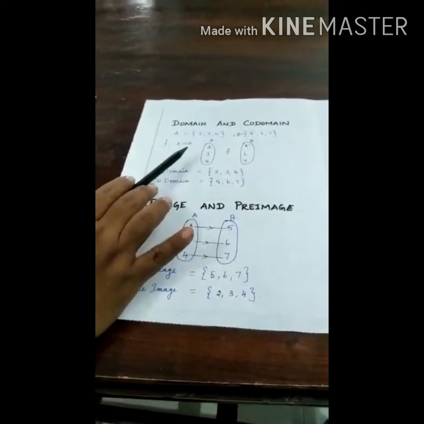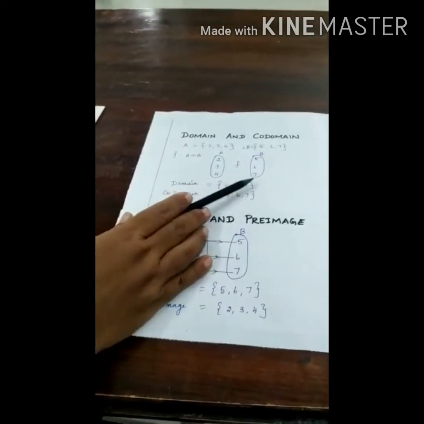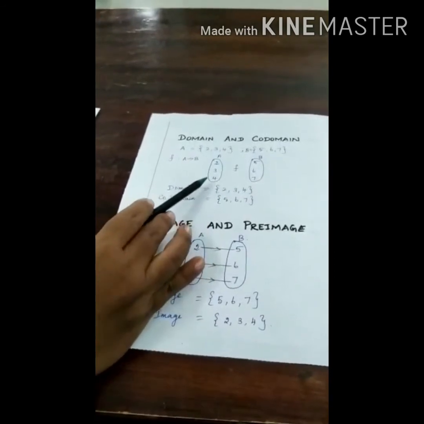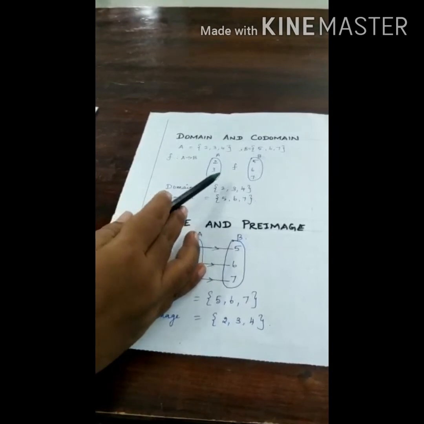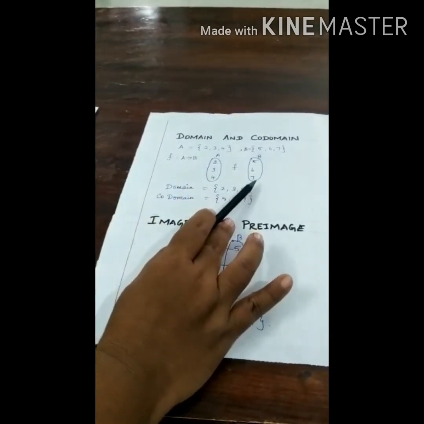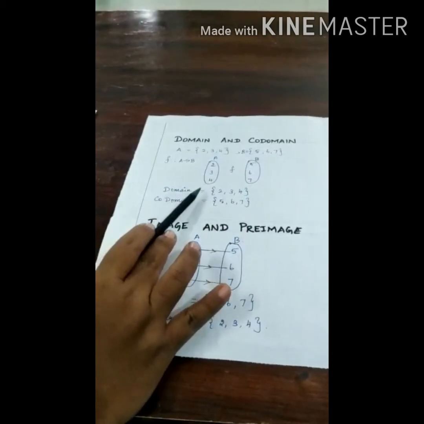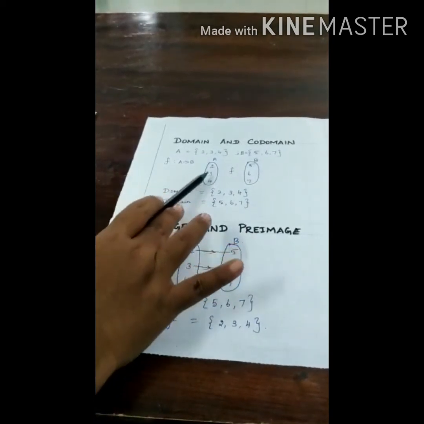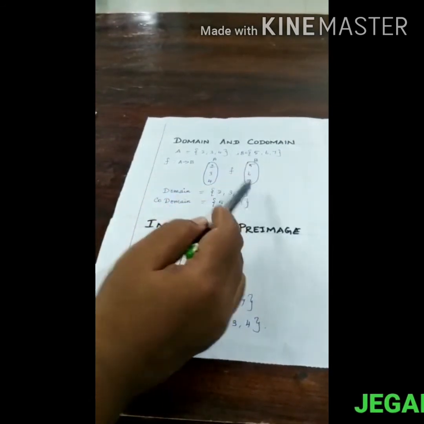The same sets can be represented in this way in a Venn diagram. The set of all elements in A is the domain and the set of all elements in B is the codomain. Therefore, domain = {2, 3, 4} and codomain = {5, 6, 7}.